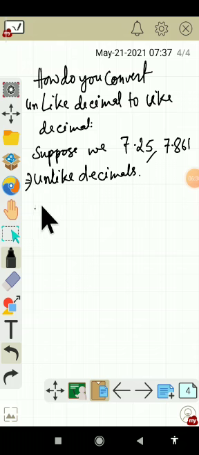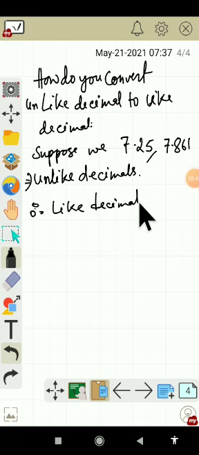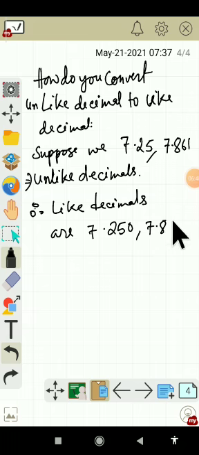So the like decimals will be 7.250 and 7.861. We have to check first the number with more decimal places, and count how many digits are there after the decimal point.